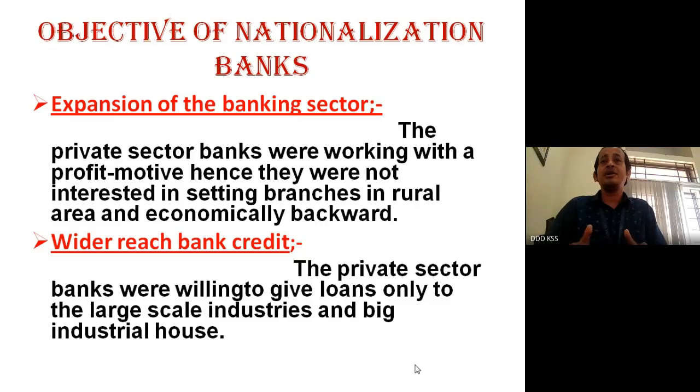With the objective to spread the credit facility to almost every needy person, expansion of commercial banks, or nationalization, was required. Okay, the importance of nationalization of commercial banks came into existence.